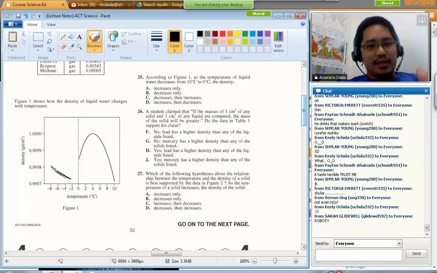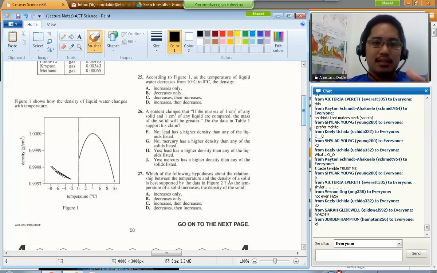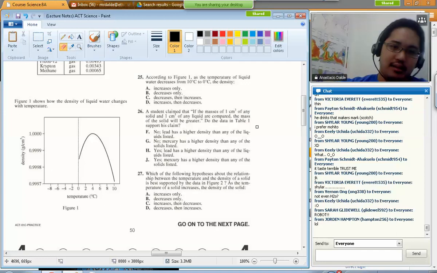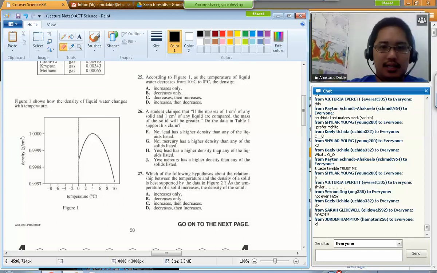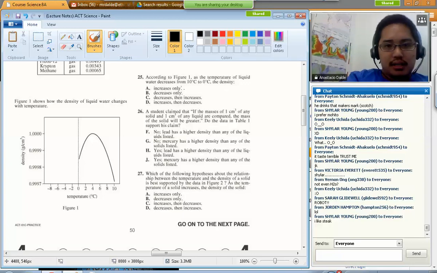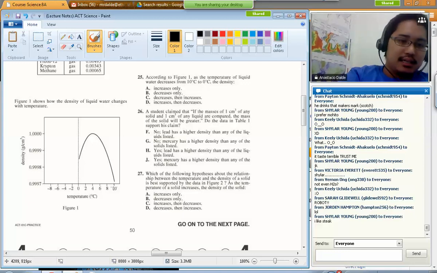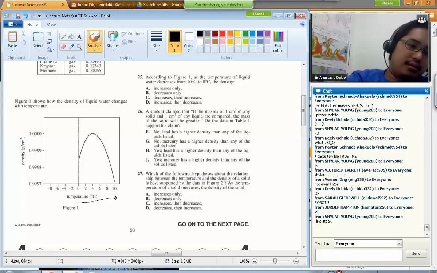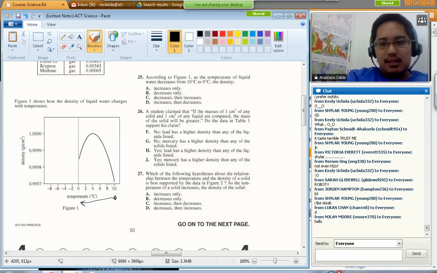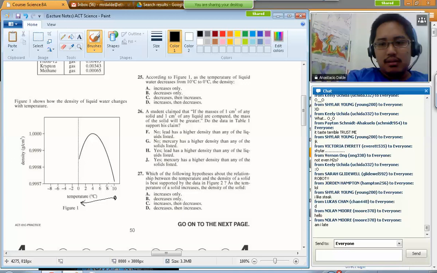All right, wait. This part right here I drew in, so this isn't part of the original figure. But according to Figure 1, as the temperature of the liquid water decreases from 10 degrees Celsius to 0 degrees Celsius, what happens to the density? So as I go from here to here, I'm decreasing, right?